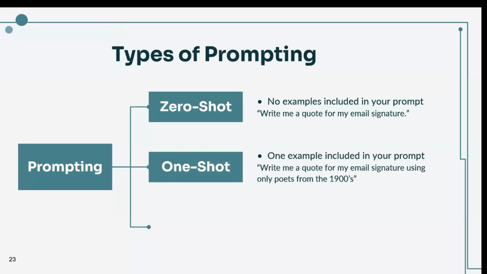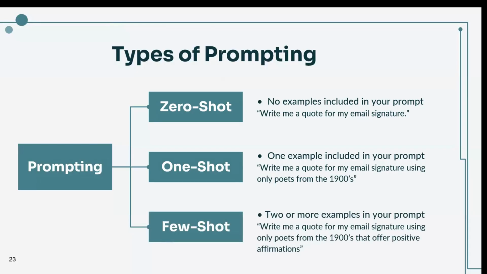And then you've got a one shot where it's one example included in your prompt. Write me a quote for my email signature using only poets from the 1900s. So that narrows the response that the AI will give you because you're giving the tool more boundaries to work on. And then you've got few shots. So those are the three: zero shot, no examples; one shot, a single example; or few shot, where there's two or more examples.